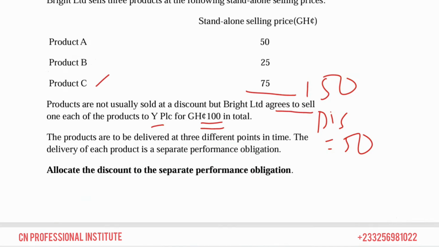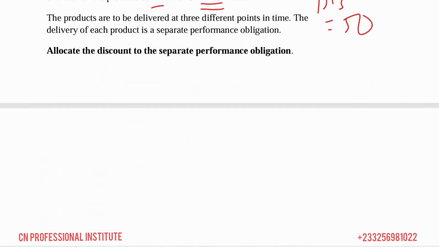This is normal mathematics. Just pick your standalone selling price, divide it by the total standalone selling price, and then multiply it by the discount. That's all. So how do we spread the discount?